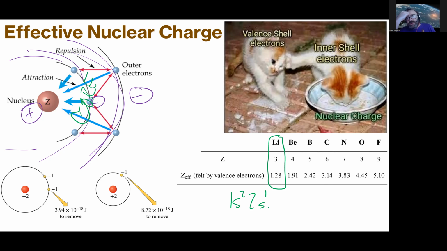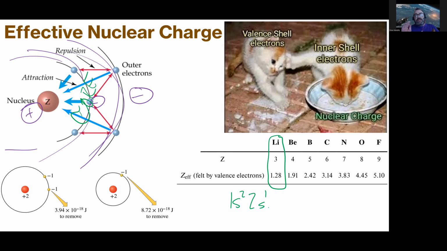The 1s2 is blocking, essentially, you can think of it as blocking 2 of the positive charges from the nucleus. So that outer electron feels about 1 positive charge. And that's really what we're talking about with effective nuclear charge. The inner electrons are blocking charge from the outer electrons, so those outer electrons don't feel the full force of the nucleus.